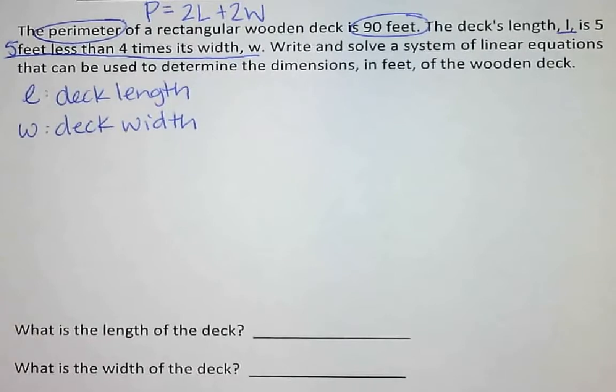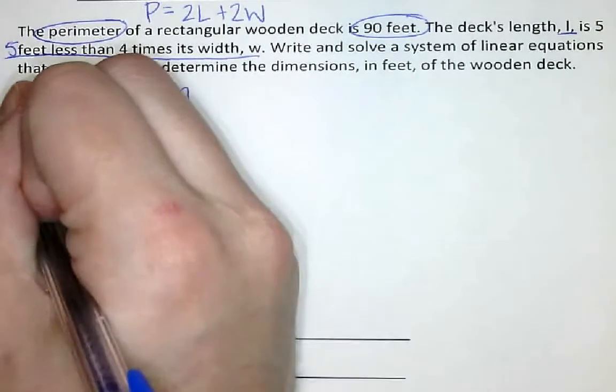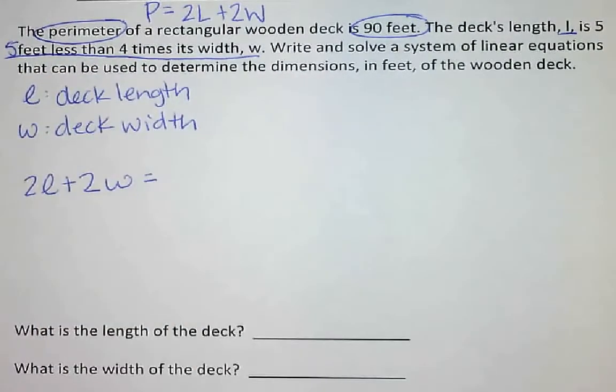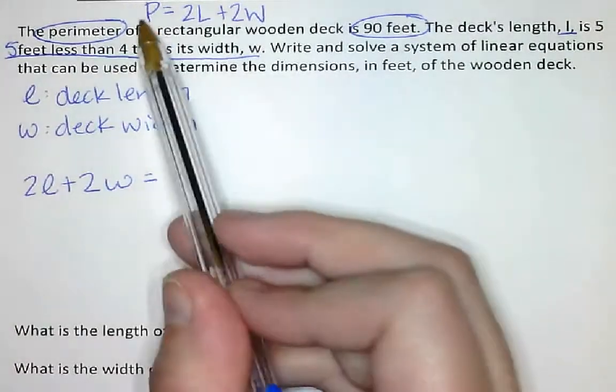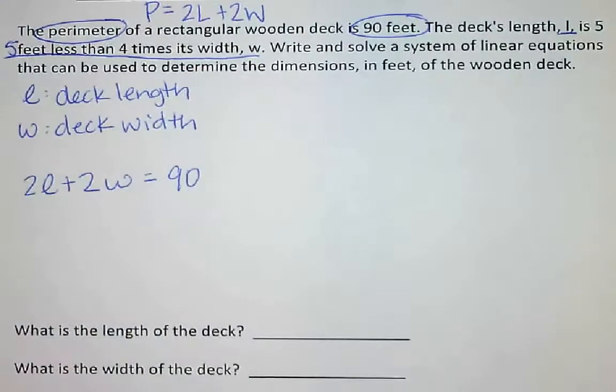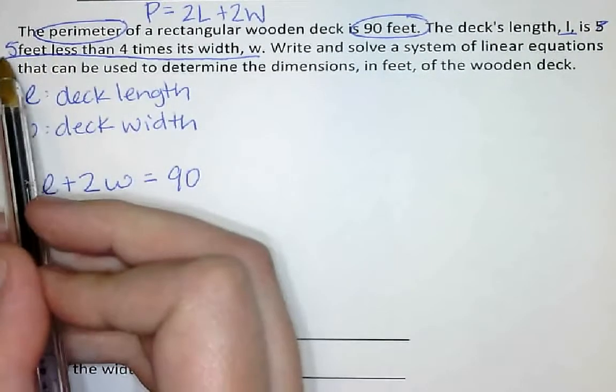So one of my equations is probably going to have to do with this lovely perimeter. So guys, if I have 2L plus 2W, what is that going to be equal to? What is our perimeter? 90. So they give us one of our equations, don't they? And then, y'all, the length is 5 feet less than 4 times its width.